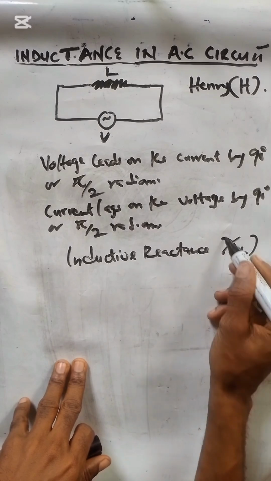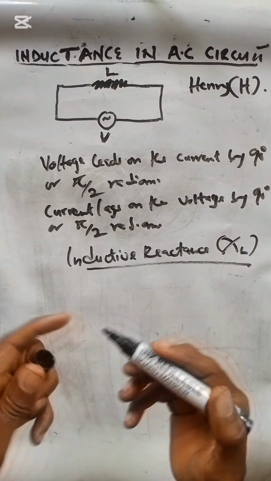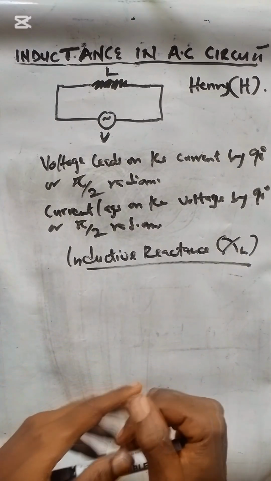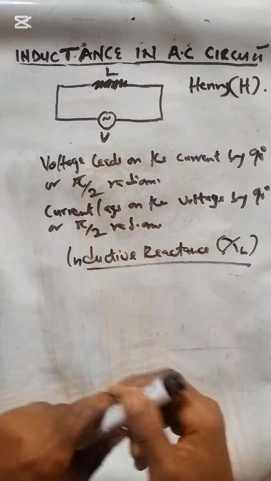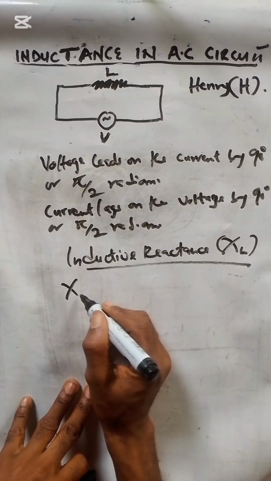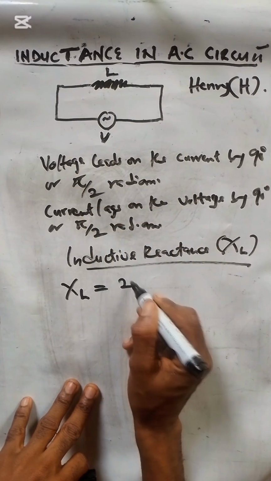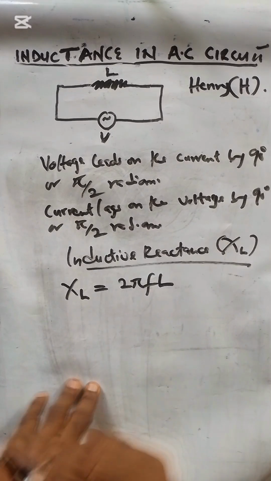The opposition to the flow of current offered by an inductor is known as inductive reactance, X subscript L, and it is given by X subscript L is equal to 2 pi FL.